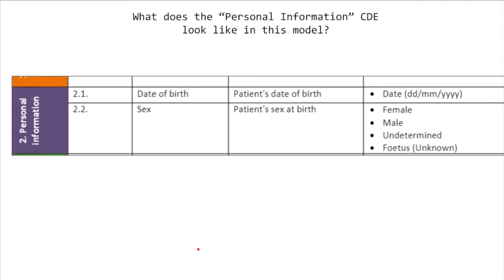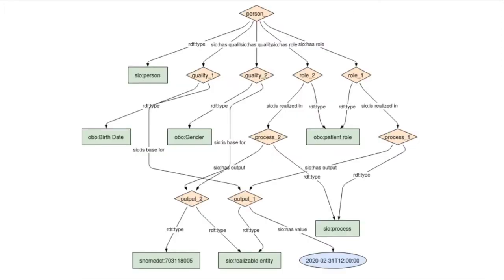So let's look at what the CDEs look like when you put them into that model. Now, don't get scared. I'm going to walk you through this very carefully. This is a linked data graph. At the top, we have a person. And that person has a quality, and we're going to call it quality 1. Quality 1 is of type birth date from the Open Biomedical Ontology.